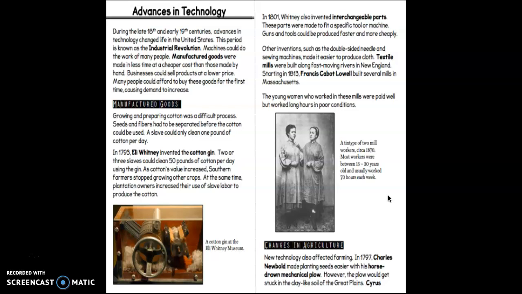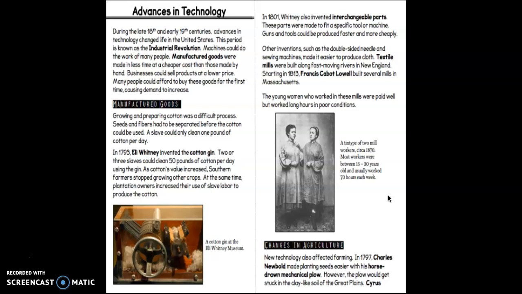Other inventions, such as the double-sided needle and sewing machines, made it easier to produce cloth. Textile mills were built along fast-moving rivers in New England. Starting in 1813, Francis Cabot Lowell built several mills in Massachusetts. The young women who worked in these mills were paid well, but worked long hours in poor conditions.